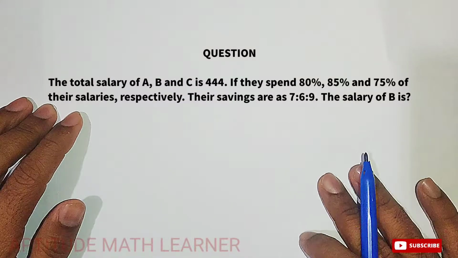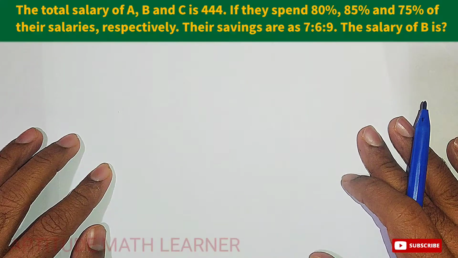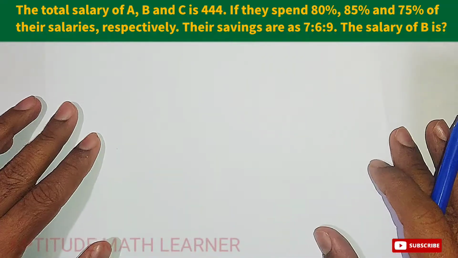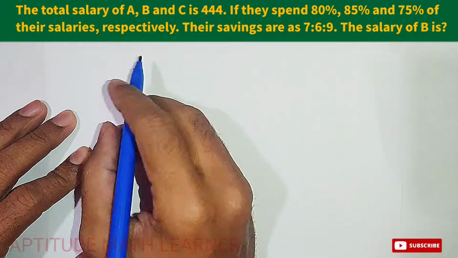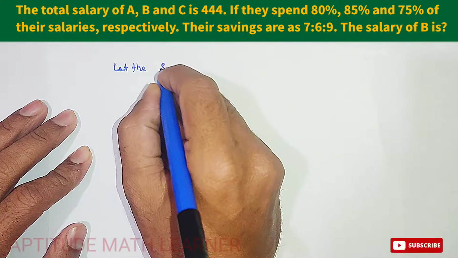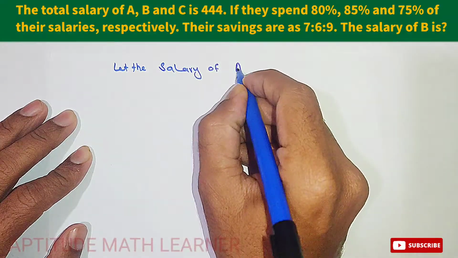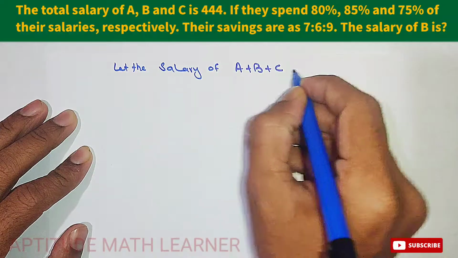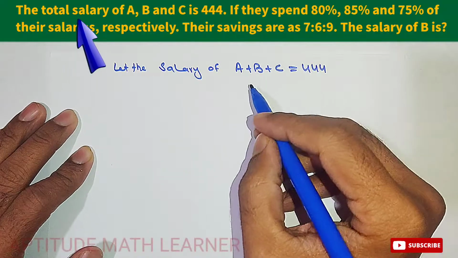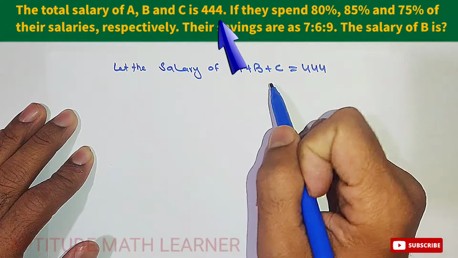In this question, both the ratios and percentages are given. So the first thing we have to do is find the ratios of the salaries. Let the salary of A plus B plus C be 444.